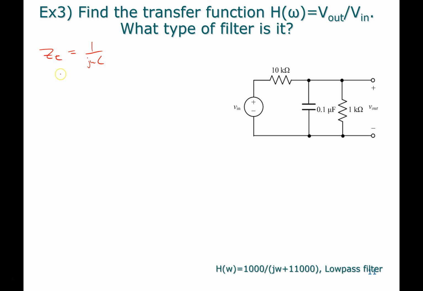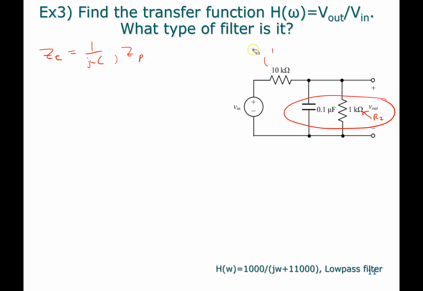We tend to keep things in their ratios rather than putting the j on top. Z parallel is going to be the combination of these guys. It can be a little easier to put variables in for these, even though they're given values here. It's easier to keep the symbols straight than messing with all these numbers.